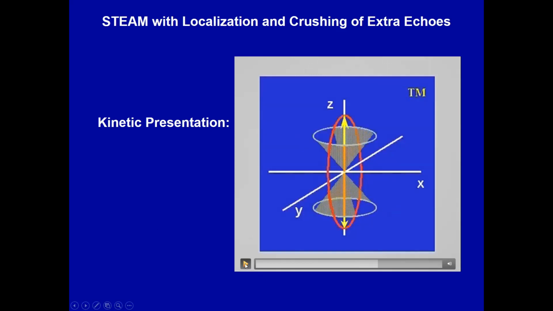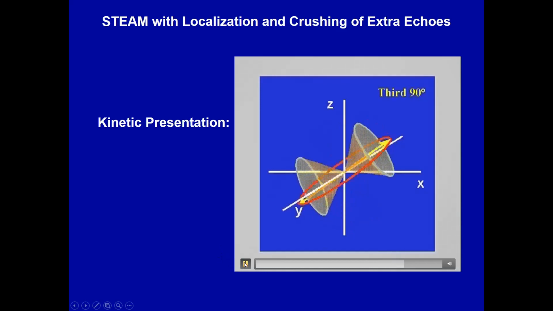Now we have another time delay, and the components of the magnetization that can be projected onto the XY plane, those are spreading themselves out. They are dephasing. So now we have two cones, one up, one down. We have the third 90-degree pulse, which moved everything back into the XY plane as much as it could be.